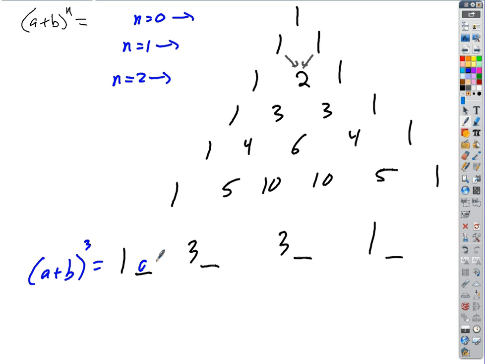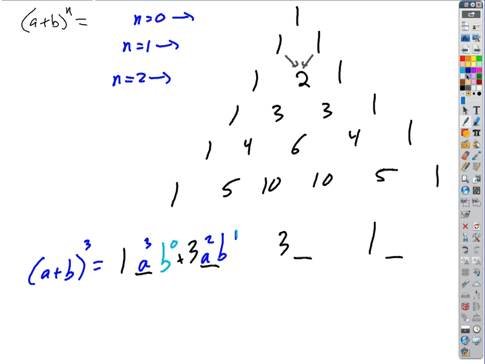Okay, so it's going to be a cubed, and there's actually an invisible, we don't write it, but it's there, an invisible b to the 0. What's the next one going to be? A squared b to the 1. We wouldn't necessarily write the 1, would we? But it's there, right?